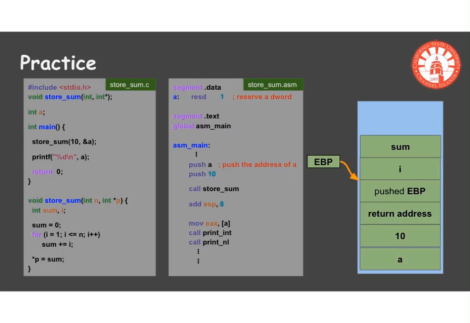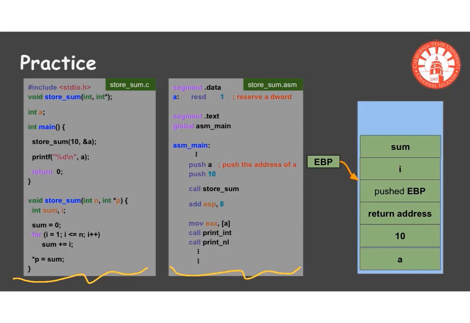The implementation in assembly looks like this right-hand side program. This is going to be our assembly program, and this is what our C is going to look like.